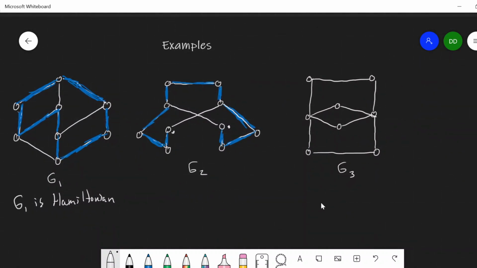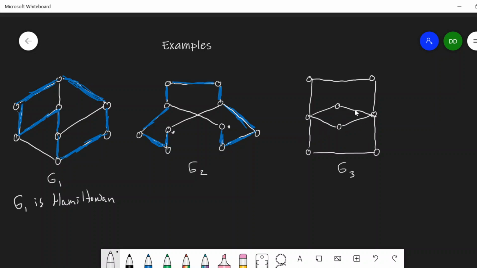Let's see, G3 here. Well, look, I have these two vertices of degree 2. Let's start with a Hamiltonian cycle.